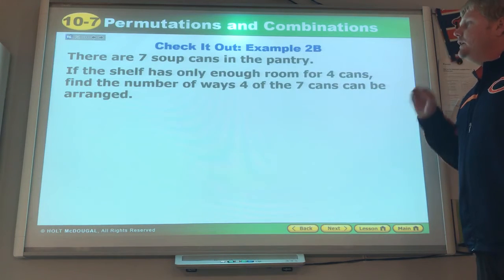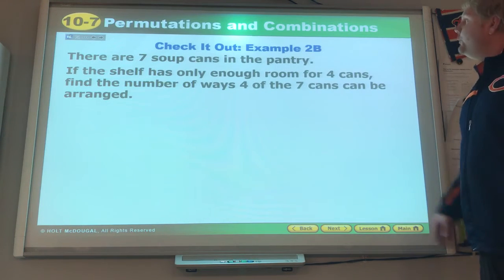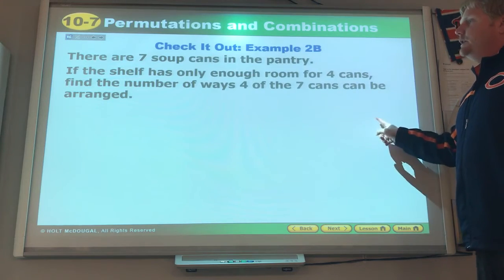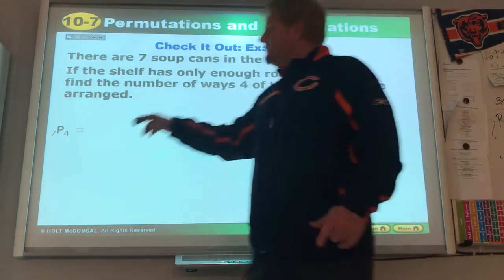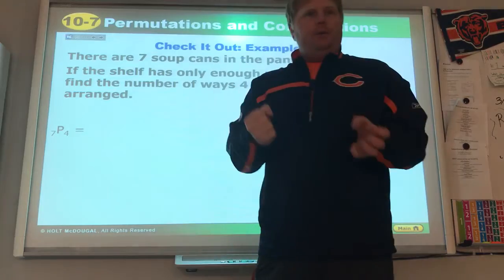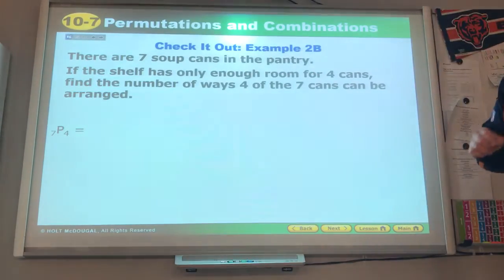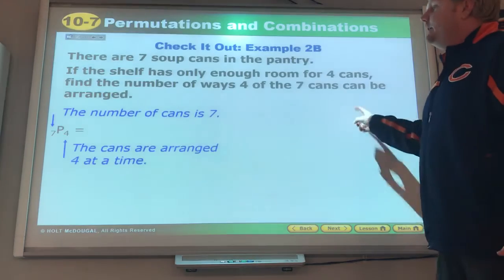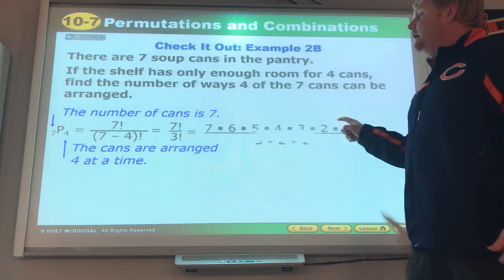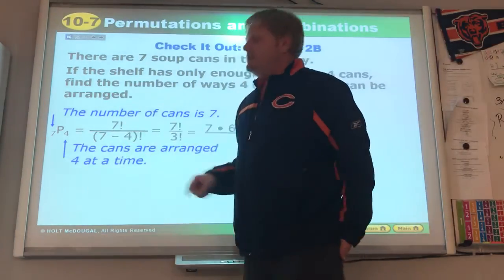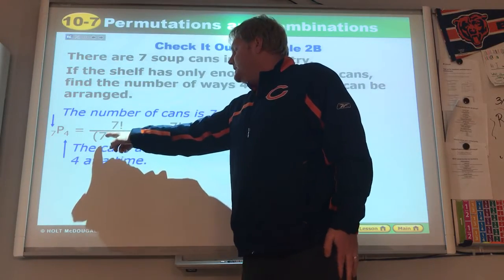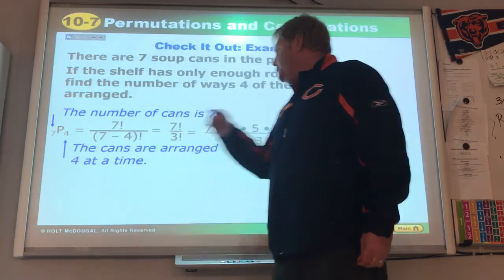But now, there's only room for 4 of the cans. So when we look at it, there's 7 things that we want to put in 4 spots. This is when we have to use our subtraction, okay? 7 factorial goes on top because there's 7 things. 7 things for 4 spots. 7 minus 4, 3 factorial.